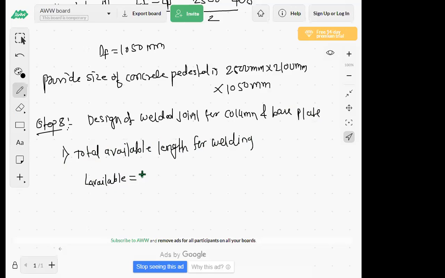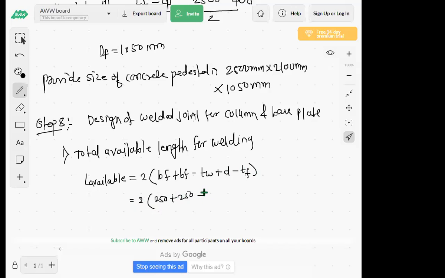So as we have given the formula, 2 into BF plus BF minus TW plus D minus TF. So 2 into width of flange we have written 250 plus 250 minus TW, how much?